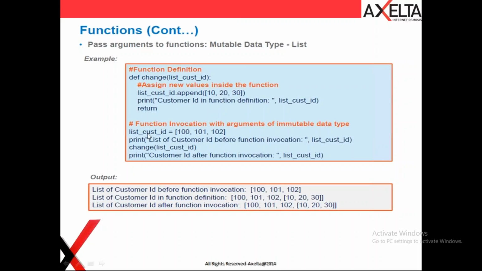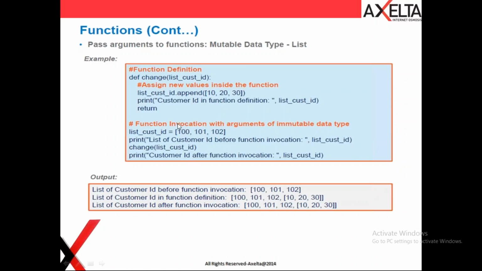I am creating a list and printing those values. Then I am calling the function by giving these new values to this function. Now what is the function doing? The function is trying to append some new values into the existing list.